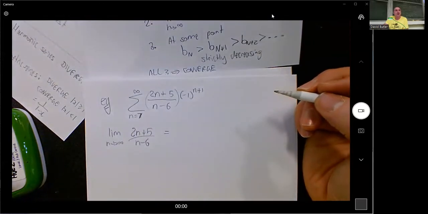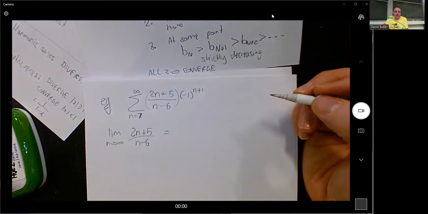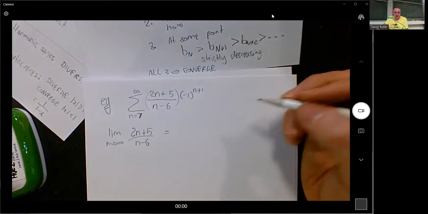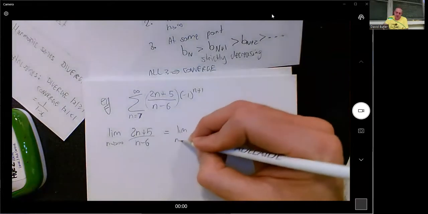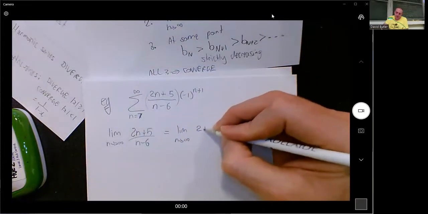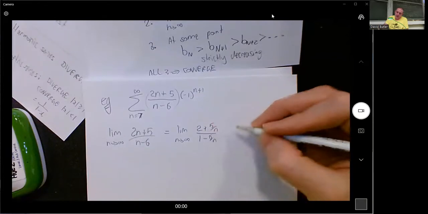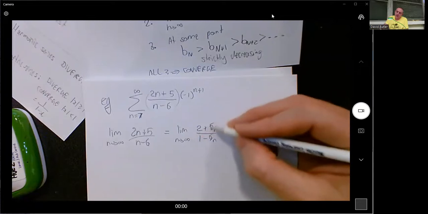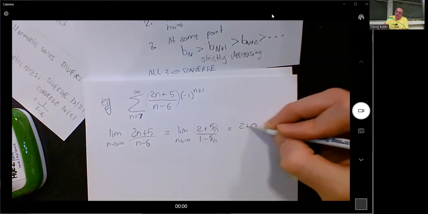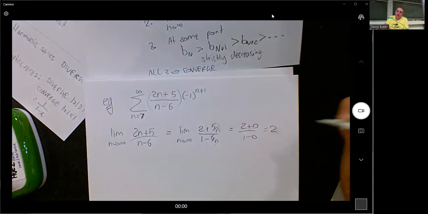Well, I know how to do limits as things go to infinity. There was a whole thing in this course about it. I'm going to divide the top and bottom by the biggest power of n that I see in the whole fraction. So that's going to be (2 plus 5 over n) over (1 minus 6 over n), which, when n goes to infinity, those are both 0, which is 2.